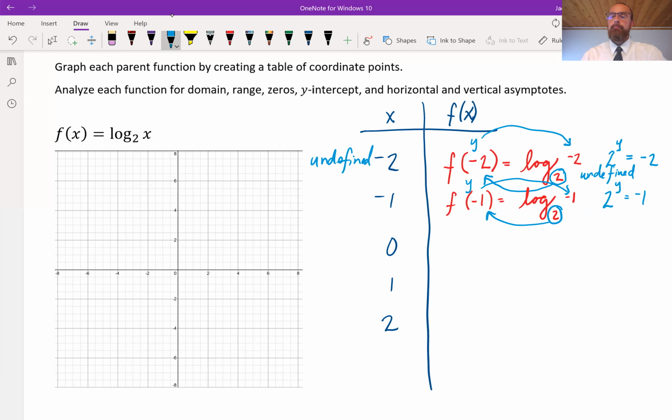Same problem. I'm trying to raise a positive base to some power and have it become negative. That never happens. So what we would say again is that's undefined.